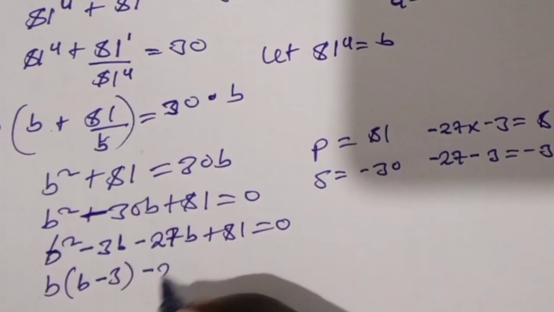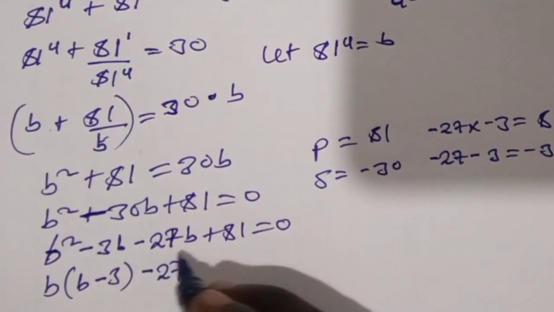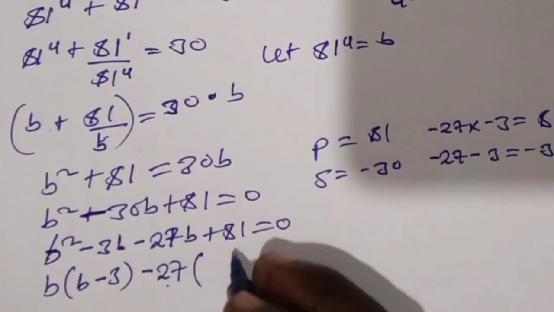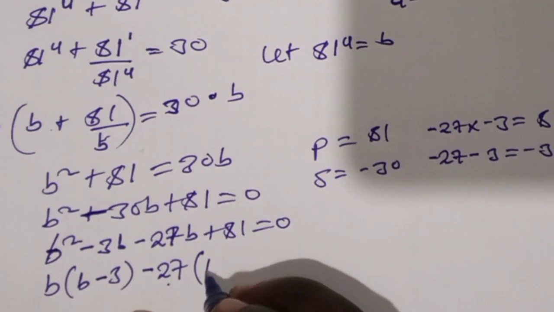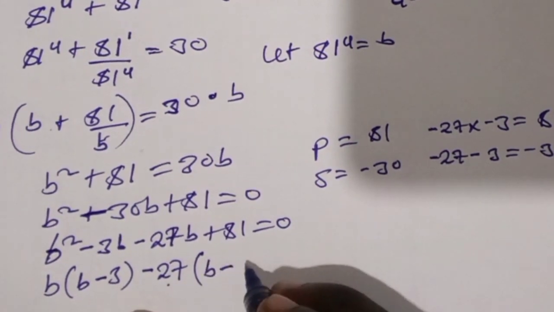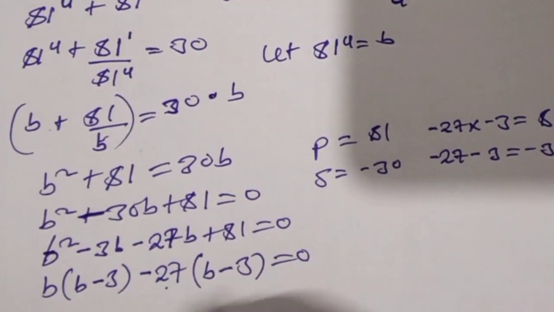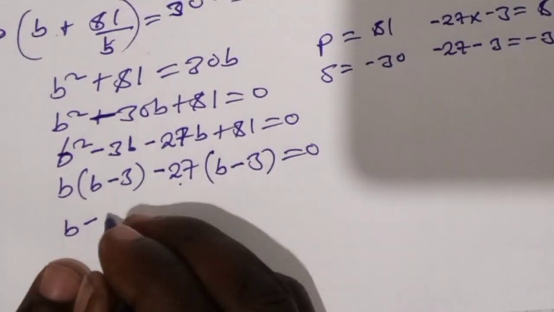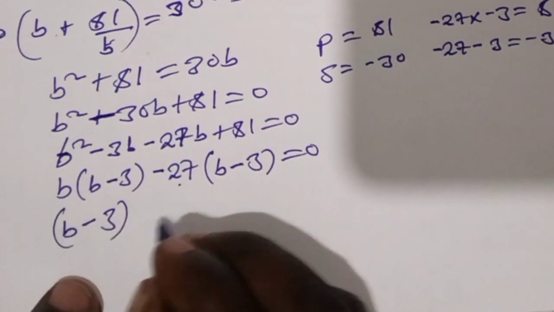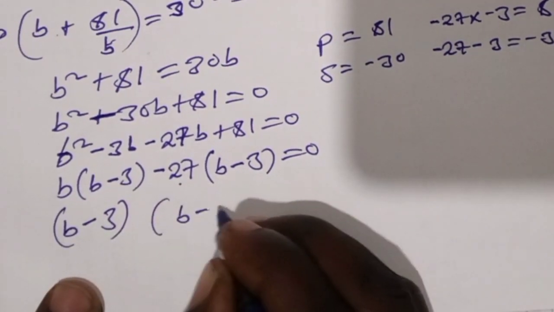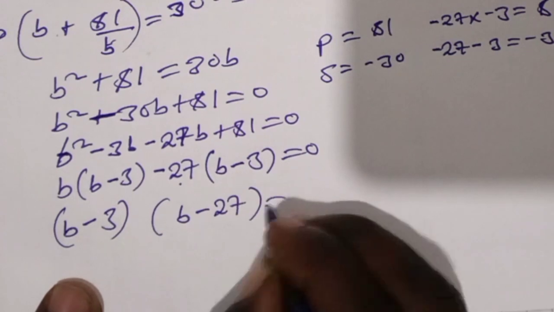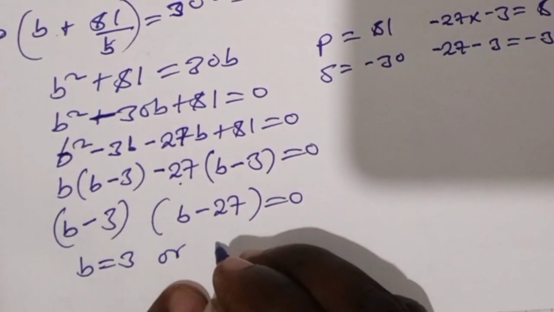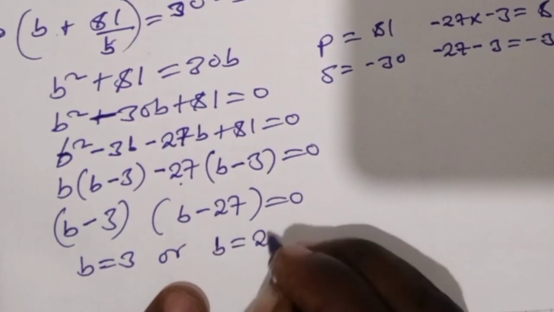Then minus 27, what is common is 27, open, then b into 27 is 27b, we are going to remain with b minus 3, right, which is equal to 0. Then it will be b minus 3 in the bracket, and b minus 27, which is equal to 0. Then b will be equal to 3, or b equals 27.